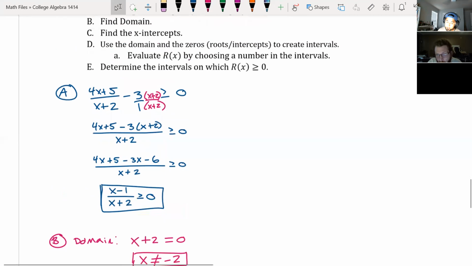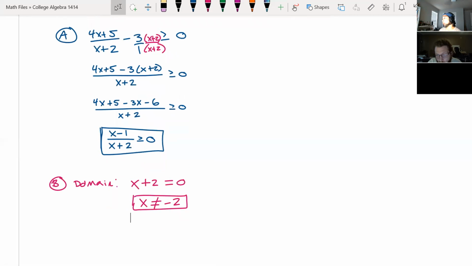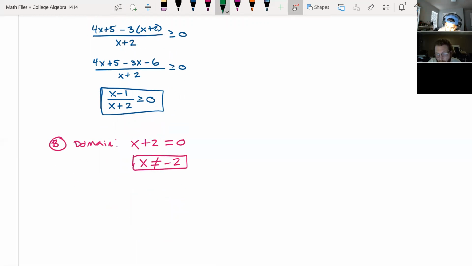C, find the intercept. Remember, on a rational function, domain comes from your denominator. X-intercepts will come from your numerator. So for your x-intercept, we let this function equal 0, and we just set the numerator equal to 0, and x equals 1.